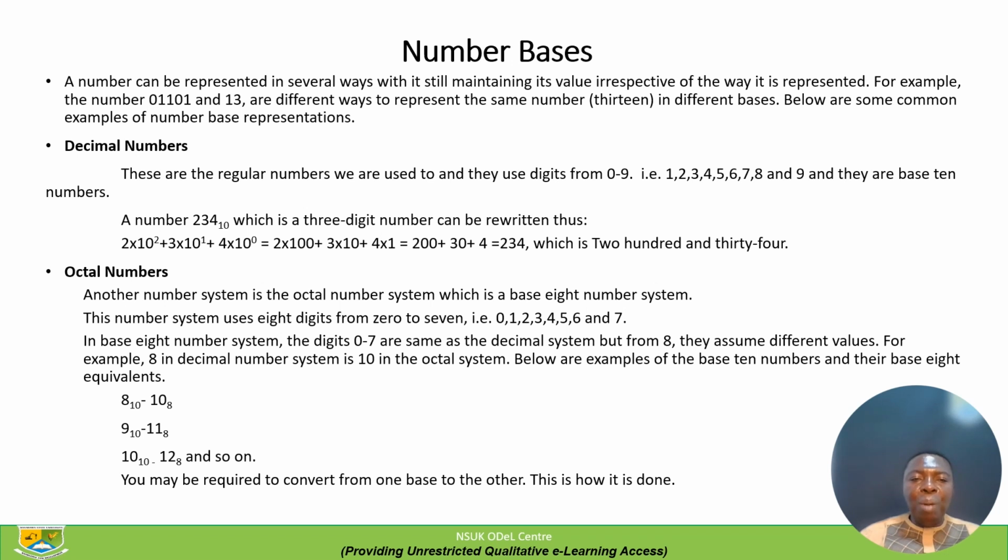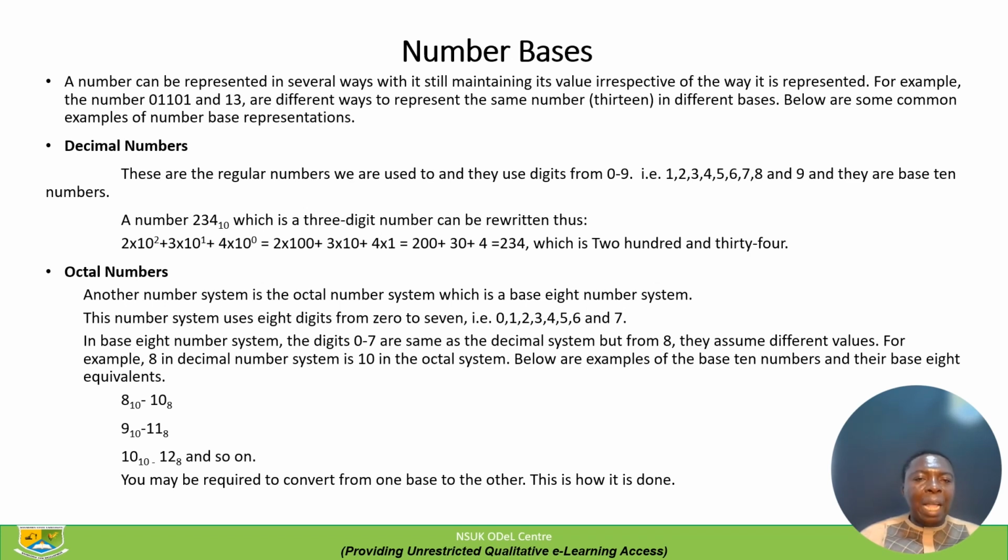A number like 234 in base 10, which is a 3-digit number, can be written as 2 times 10² plus 3 times 10¹ plus 4 times 10⁰, which equals 2 times 100 plus 3 times 10 plus 4 times 1, which equals 200 plus 30 plus 4, which is 234.